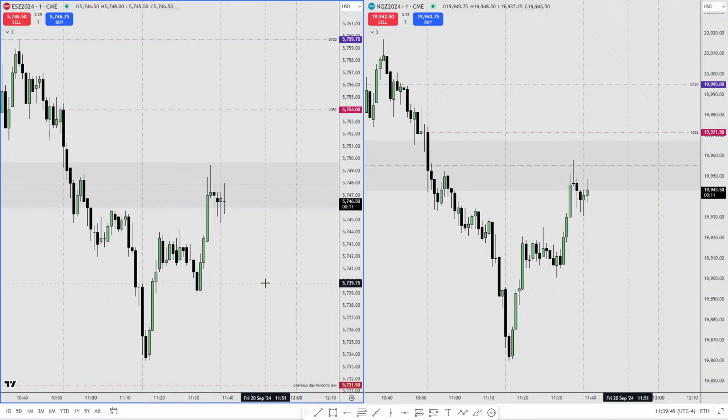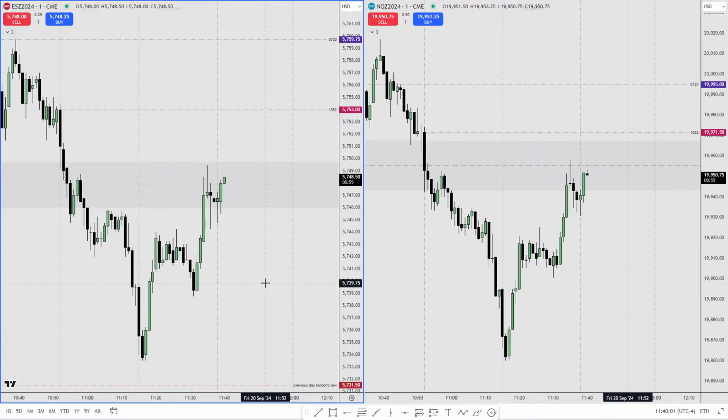Take note of the bodies, because it might not wick through the most recent high. Okay, the bodies are closing higher for both, so let's see if it wicks through the high. If it does, then no trades.